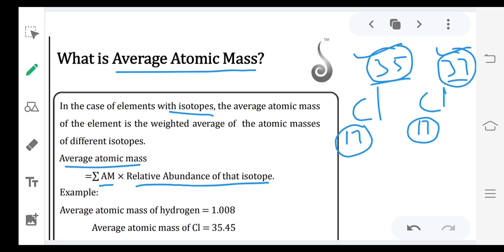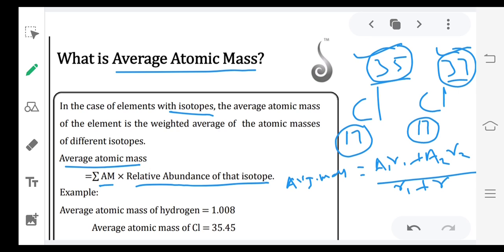Or you can write one more formula: average atomic mass equals A1R1 plus A2R2 and so on, divided by R1 plus R2. Here A1 is mass number of one isotope, A2 is mass number of another isotope, and R1, R2 are abundances.